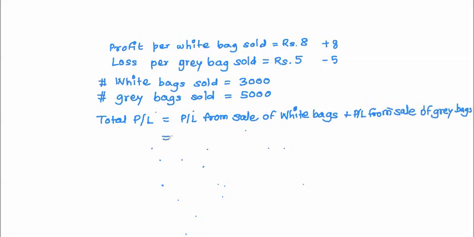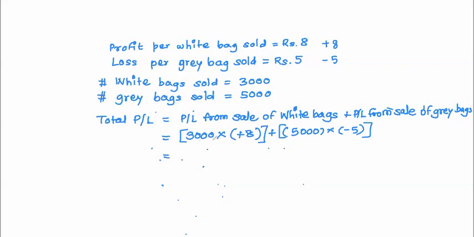So what is profit or loss from white bags? That is total number of bags, which is 3000, multiplied by the per bag profit, which is plus 8, plus for gray bags, total number of bags is 5000 multiplied by minus 5. Let's use big brackets around it for ease of understanding.